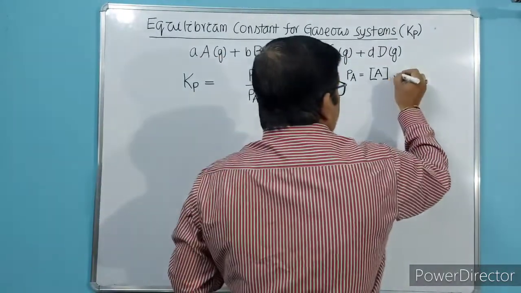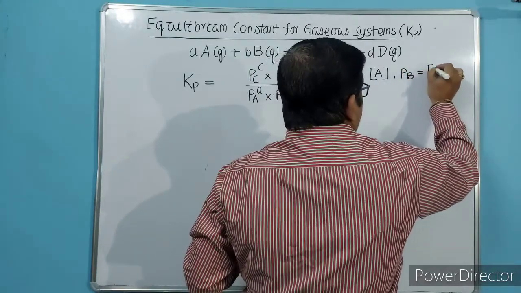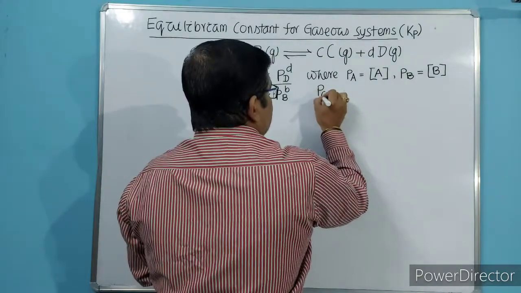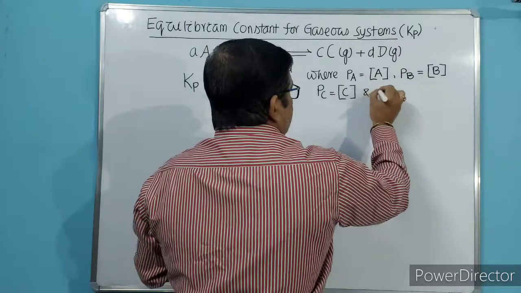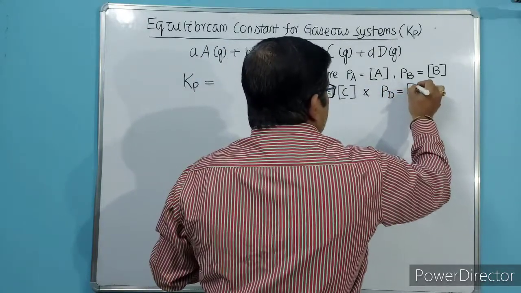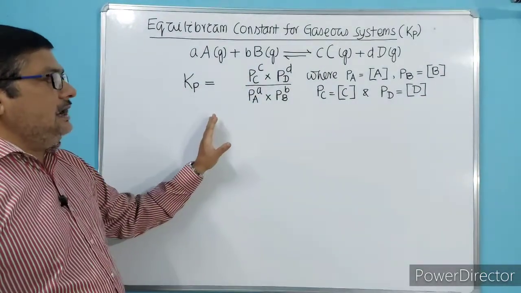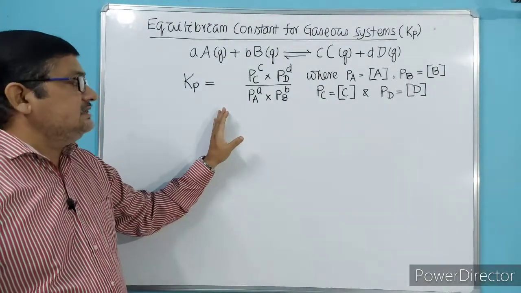Similarly, PB means the concentration of B, PC means the concentration of C, and PD means the concentration of D. Okay, so this is how we express the value of the equilibrium constant for gaseous systems.